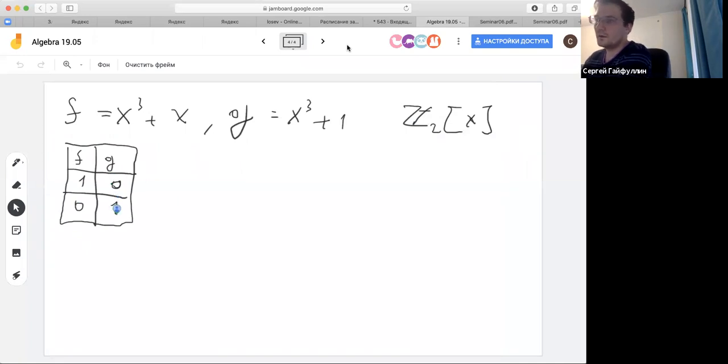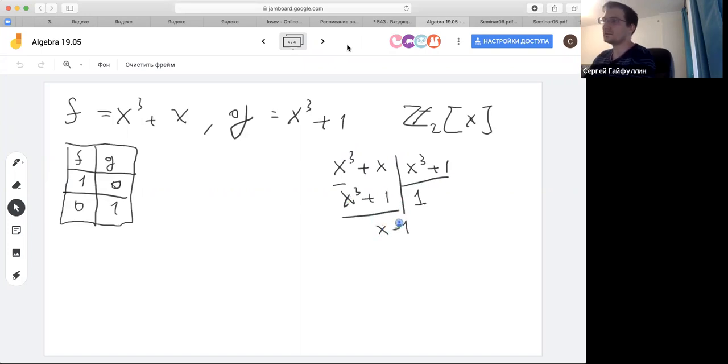Okay, now I divide F by G. So x cubed plus x, I divide by x cubed plus 1. So here is 1, and minus (x cubed plus 1) gives x minus 1. This is the first remainder.